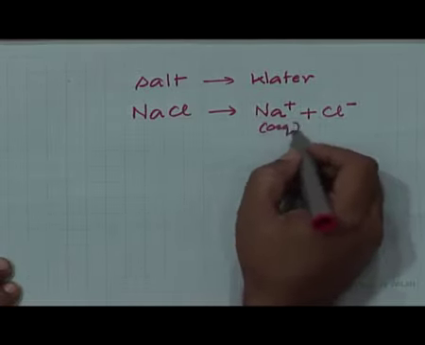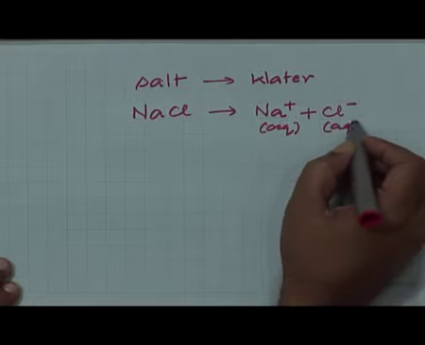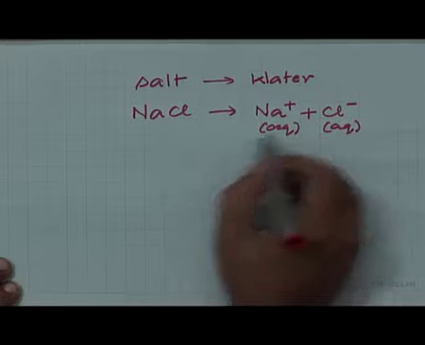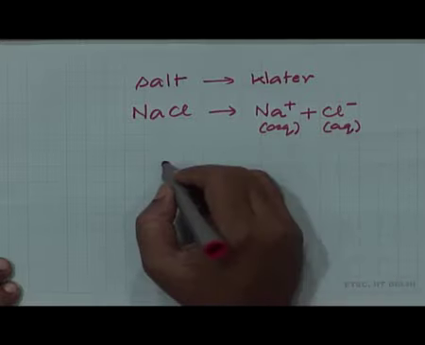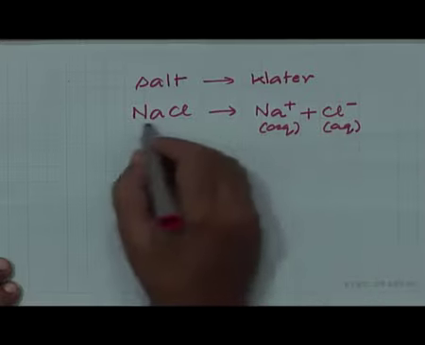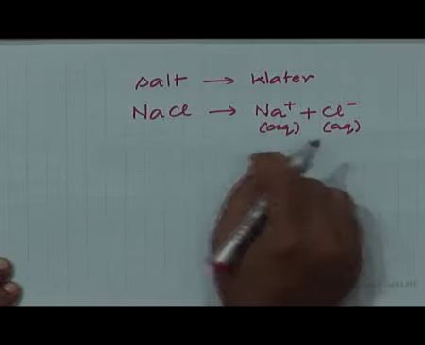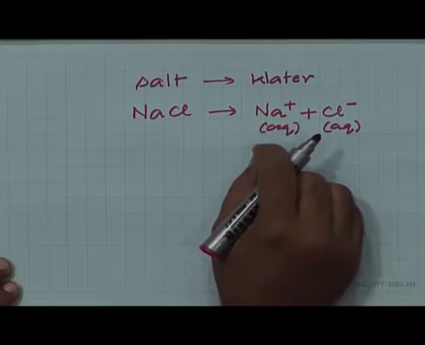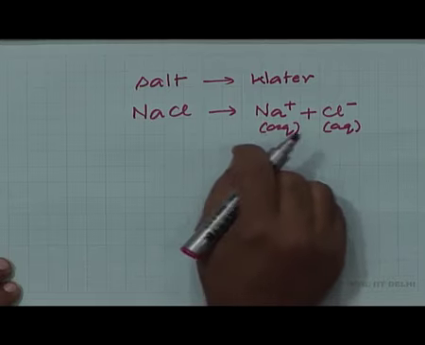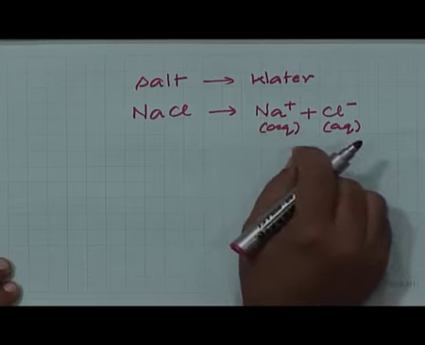This is hydrated sodium ion and this is hydrated chloride ion, they will form in equal amounts, 100% dissociated. You can see that in this reaction neither H plus nor OH minus is formed.